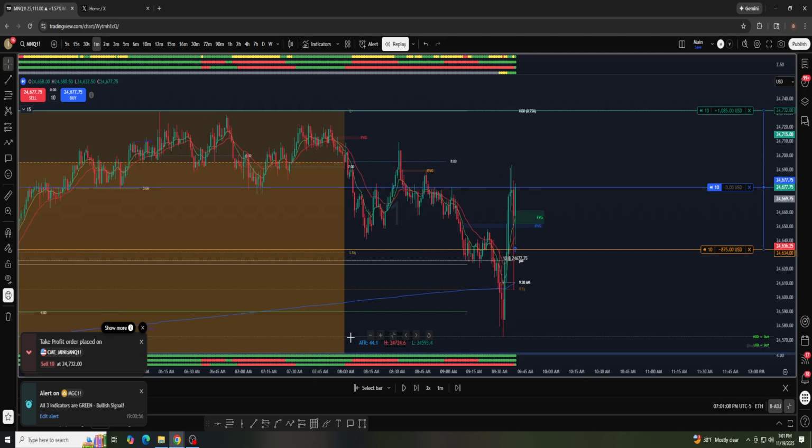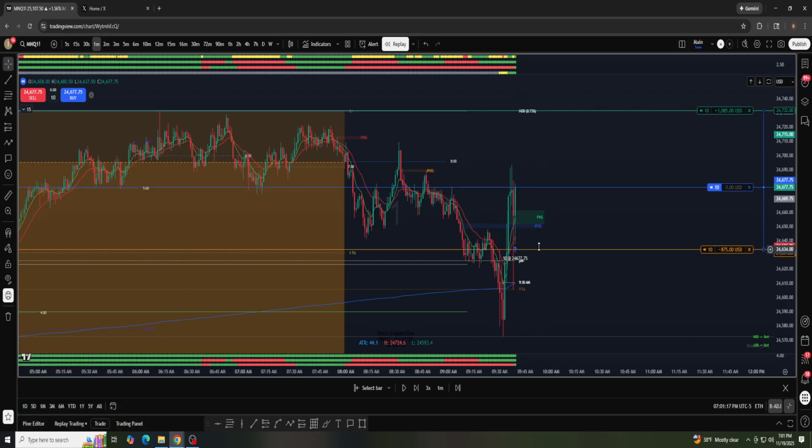So I like using the ATR as kind of a guidance for variance. It wouldn't be that crazy for price given the volatility to move 40, 50 points. So when you get into a trade, you want to give it some room to breathe. So you can see dots are all green.